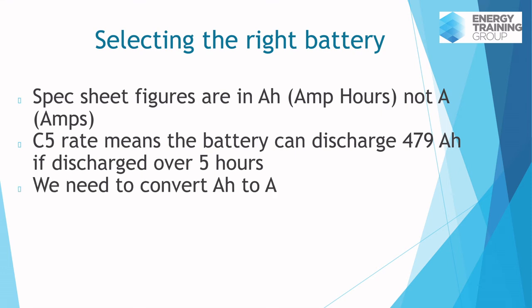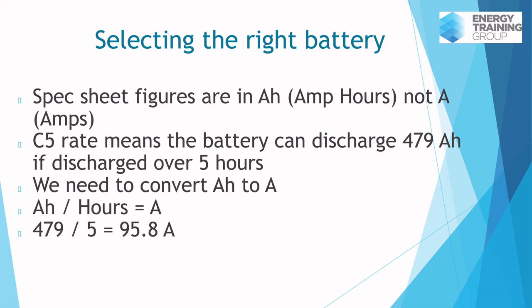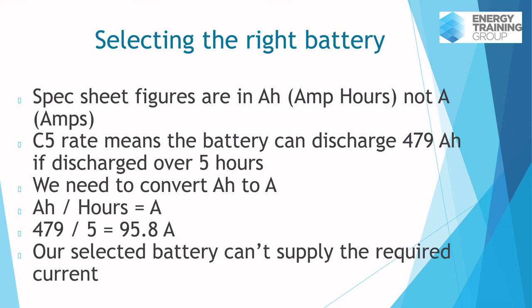To do that, we convert our amp hours to amps: amp hours divided by hours will equal our discharge rate. We had 479 amp hours discharged over 5 hours, so we do 479 divided by 5, and that equals 95.8 amps. We can see that the battery we've initially selected is not capable of providing the continuous current to our battery system.